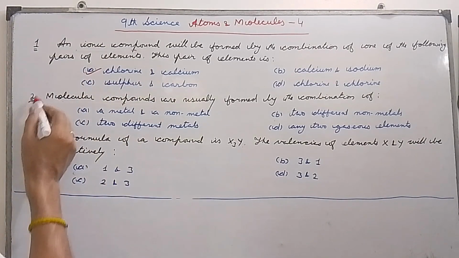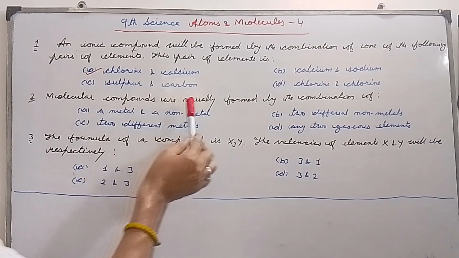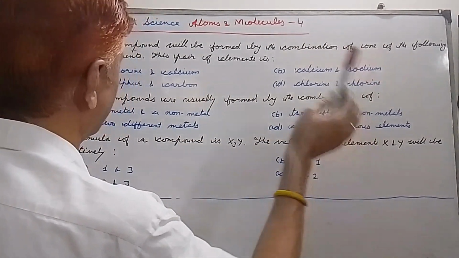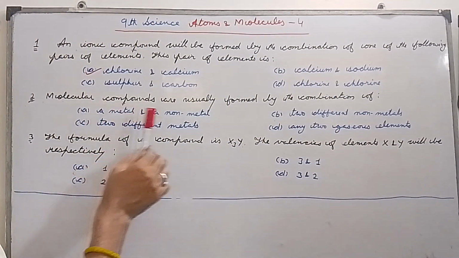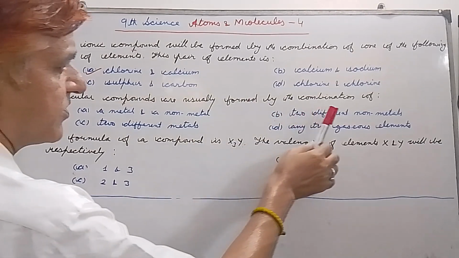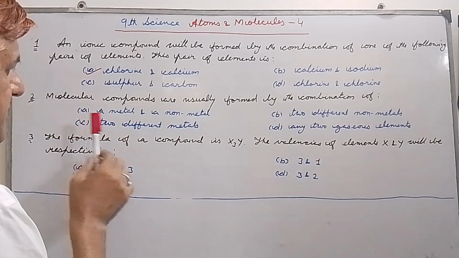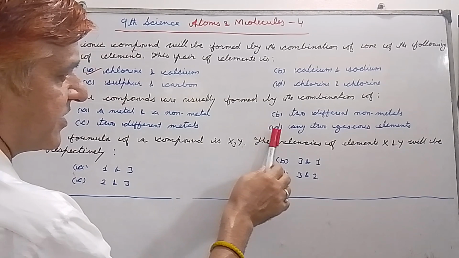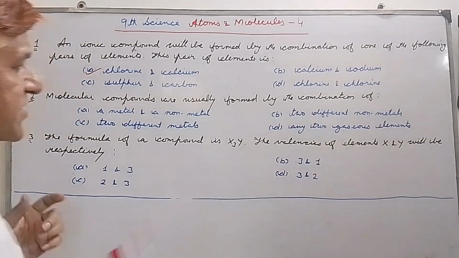Question number 2, molecular compounds are usually formed by the combination of: first option is a metal and a non-metal, B is two different non-metals, C is two different metals, and D is any two gaseous elements.